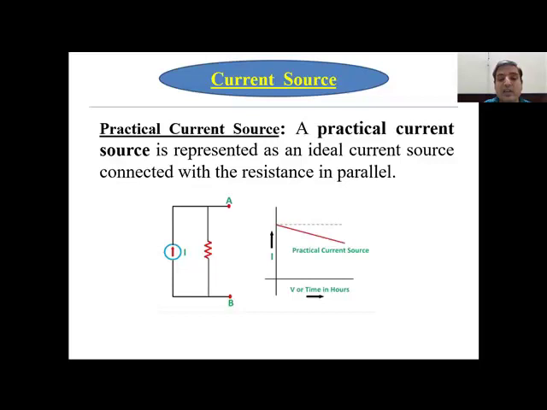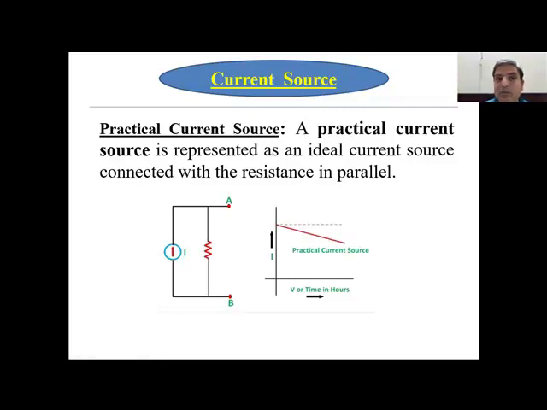All this modeling is done in terms of the internal resistance. In case of the current source, this internal resistance is connected in parallel with the current source, because current is divided in a parallel circuit. So you can analyze the condition. Suppose at this A, IT is the terminal current, I is the supplied current. So IT will be equal to I minus V upon R, where V is the terminal voltage across AB.